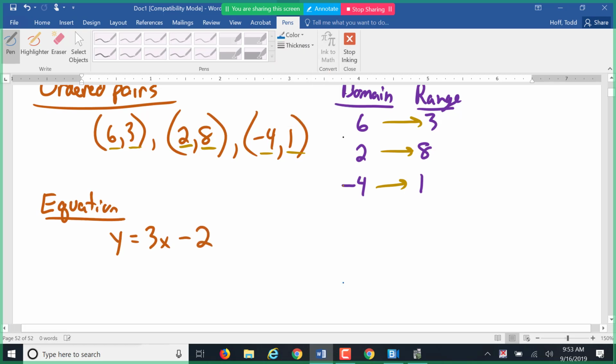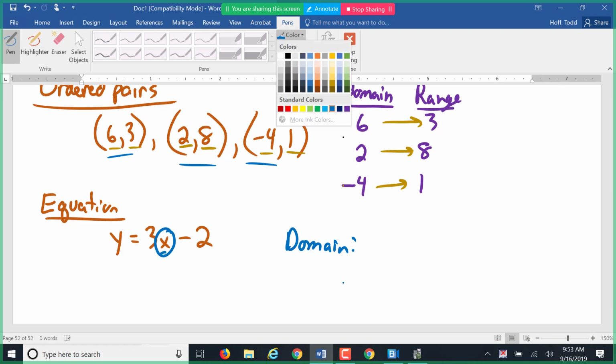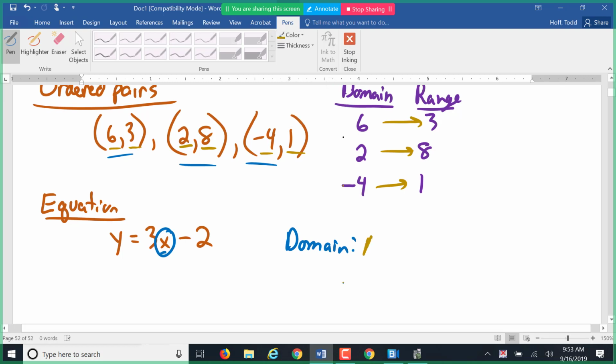Now, it's a little bit more difficult here to pick out the domain and range because it's not just lists of numbers in these sets. So looking at this, to find the domain, is there any value for x that we can't put in here? No, there's not. So the domain here, some books would list it as just all real numbers.